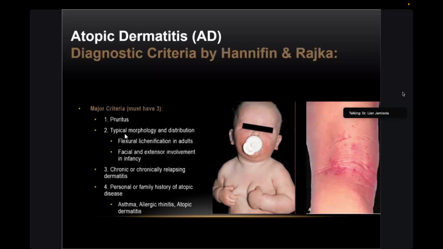Second is the typical morphology and distribution, which, as I mentioned, differs with the age of the patient. So you should be familiar with that. Third is it is chronic or chronically relapsing, meaning on and off, pabalik-balik. It's not just a one-time condition. And fourth, you have a personal or family history of atopic disease as mentioned earlier.